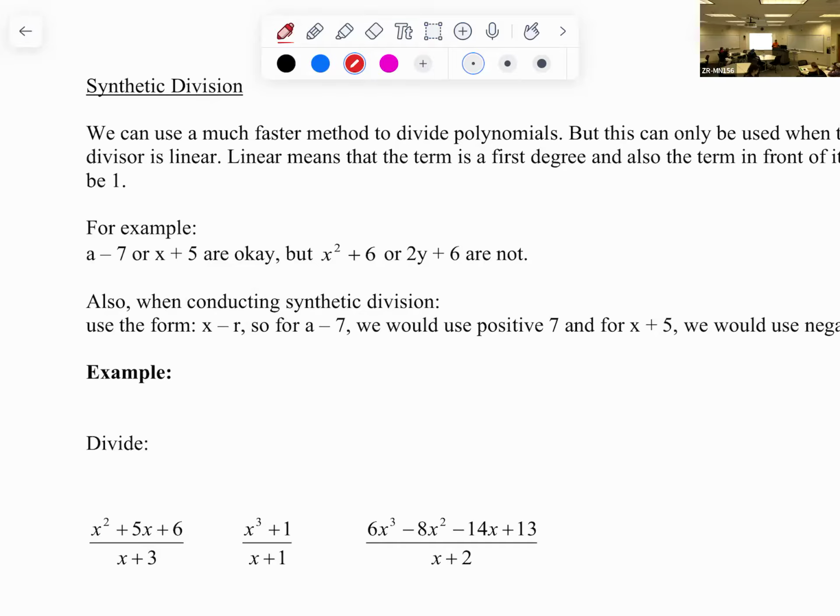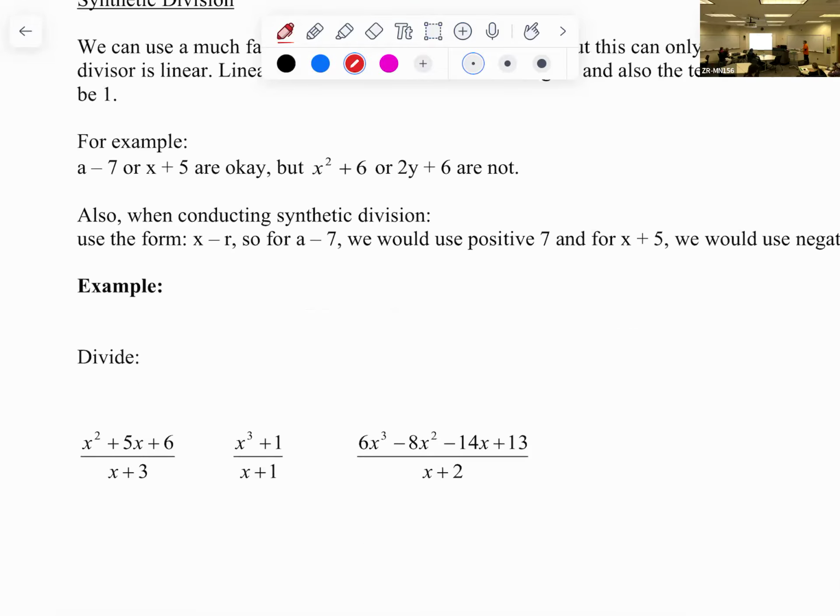Look at these examples. Notice the divisor in every single case: a coefficient of 1, a degree of 1. What's in the numerator, the radicand, doesn't actually matter. That can be anything up there; what matters is what you're dividing by.